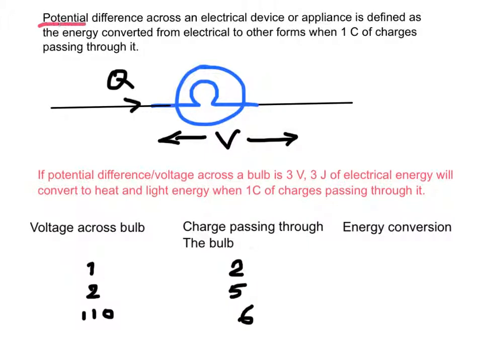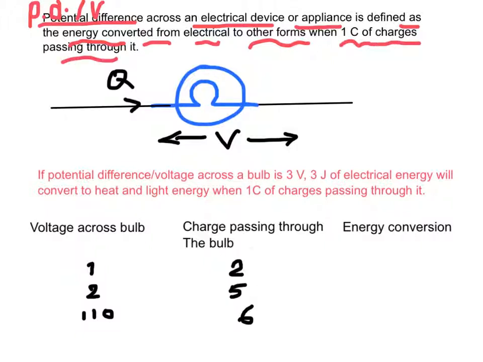Then what is potential difference, PD, or V? Potential difference across an electrical device or appliance is defined as the energy converted from electrical to other forms of energy when 1 coulomb of charge passes through it.